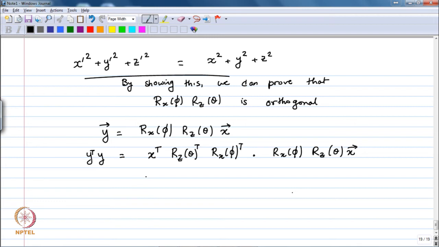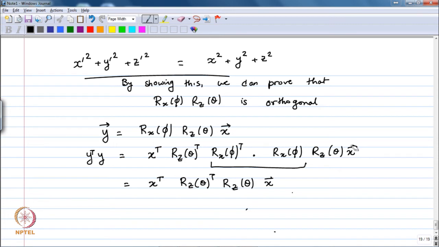Okay. Now, I can do these products this way. I multiply these two things first: r x of phi transpose r x of phi. Since r x is a rotation about the x axis, this is an orthogonal matrix, so the transpose is nothing but the inverse. So, this product is just the identity. So, I can write this as x transpose r z of theta transpose, and I do not need to write the identity, and I just copy the r z of theta x.